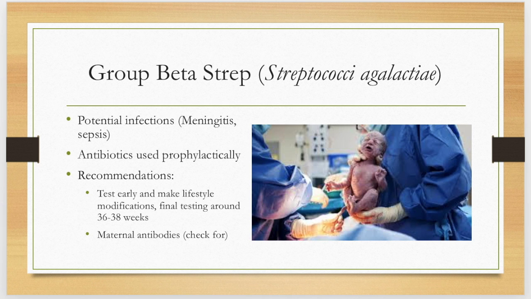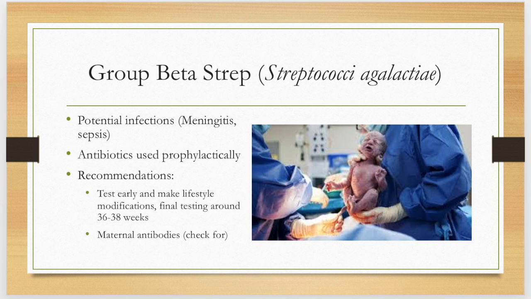The problem comes when you deliver a baby and they go through the vaginal canal. They can get colonized by the GBS. And if they don't have maternal antibodies, or if it was a very long delivery where you ruptured your membranes for a long time, then the baby can become heavily colonized and they can't do anything about it.